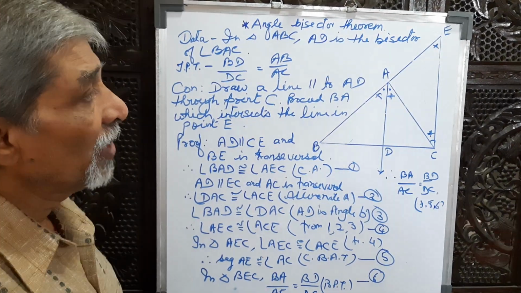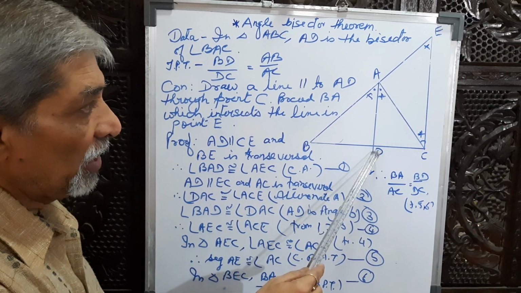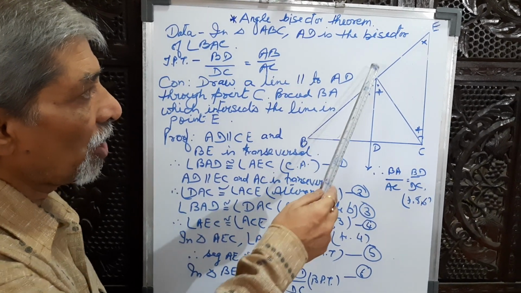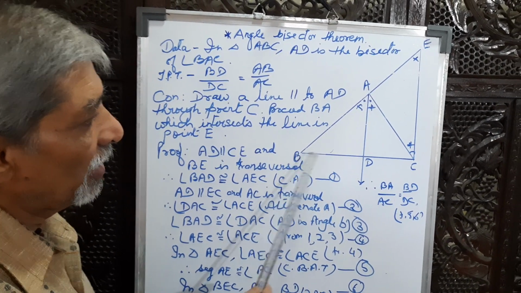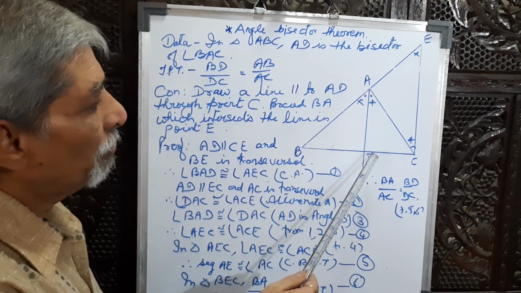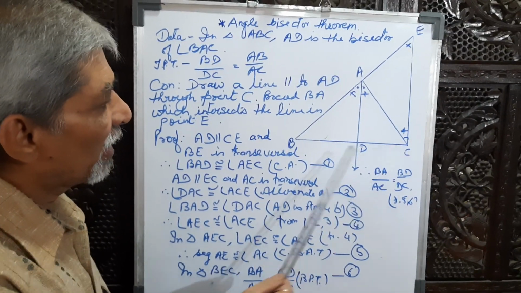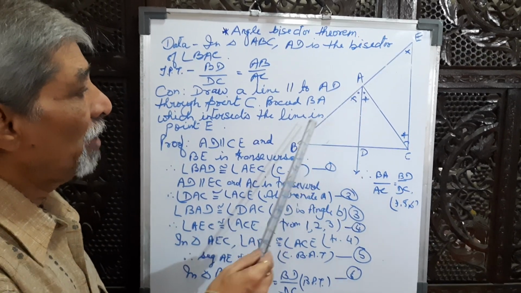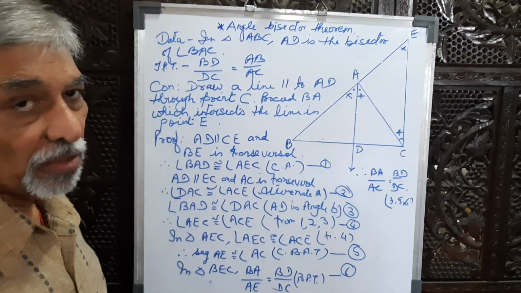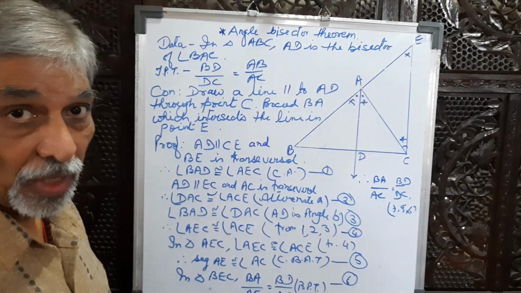I repeat again. In triangle ABC, AD is the angle bisector of angle BAC, and it has divided BC into BD and DC. So the ratio of BD and DC, that is BD upon DC, equals AB upon AC. This is the theorem which is called the angle bisector theorem.